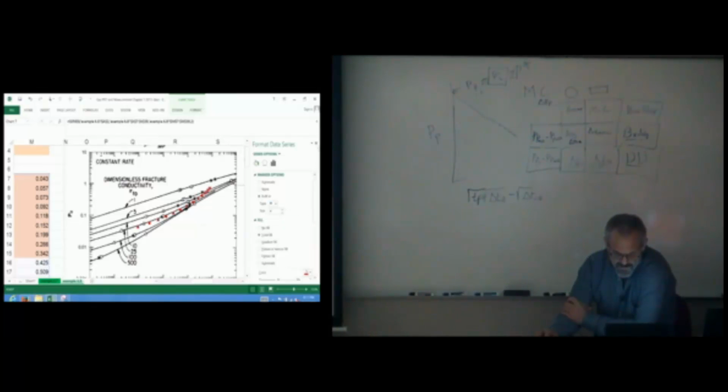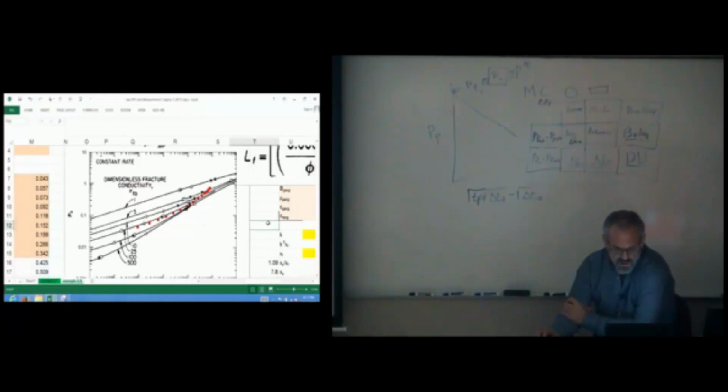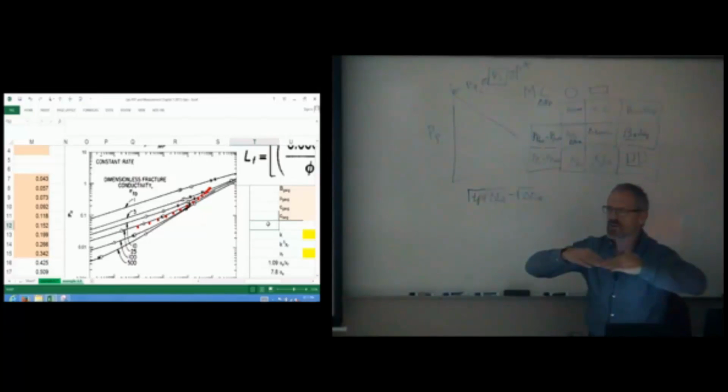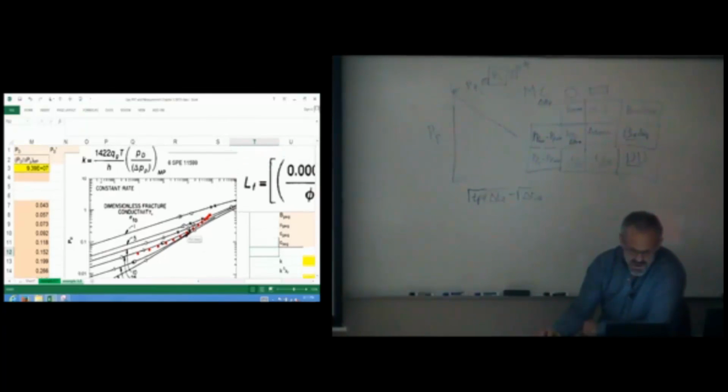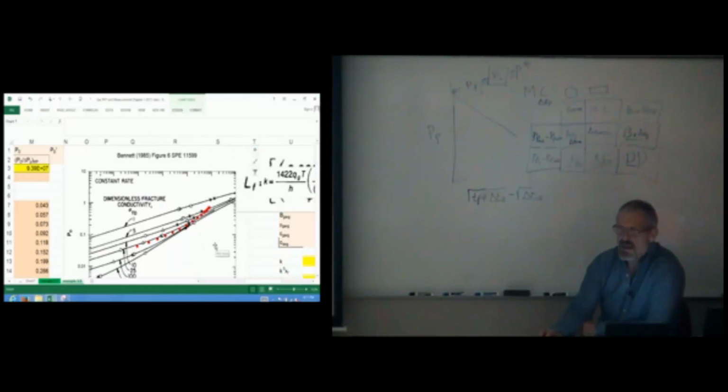Okay. Now, you notice that nothing I did affected the level setter. I kind of got there earlier on, but now I'm actually able, from this particular Bennett type curve, to determine the fracture conductivity.